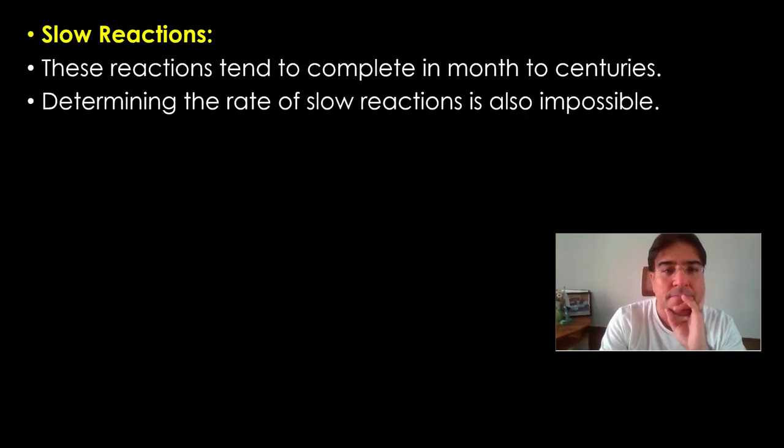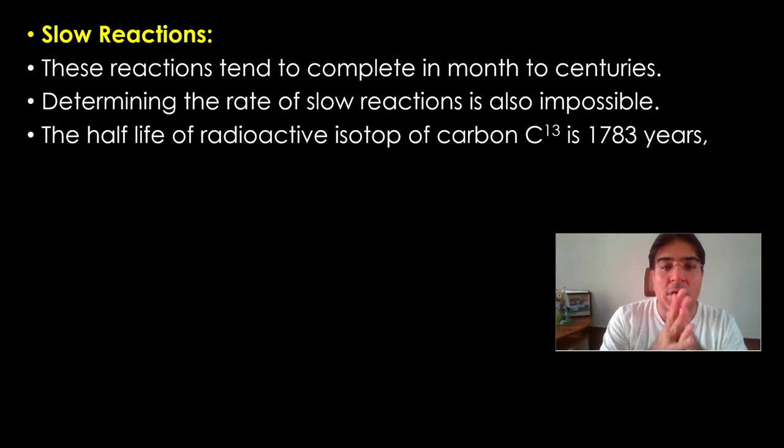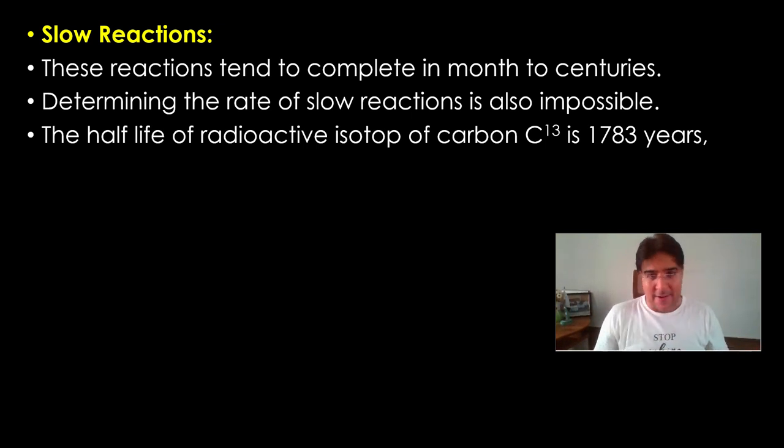So let's check some examples. Carbon-13 is an isotope of carbon, and its half-life is 1783 years. The chemical reaction to convert carbon-13 to carbon-12, normal carbon, will take about 1738 years. This is a very slow reaction.